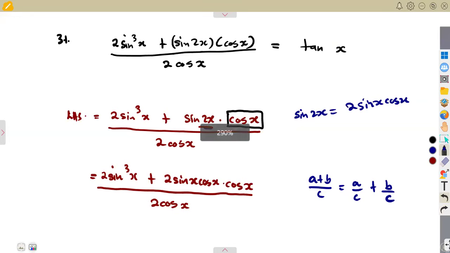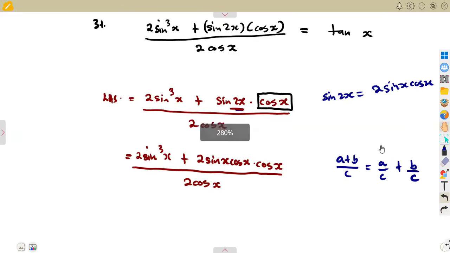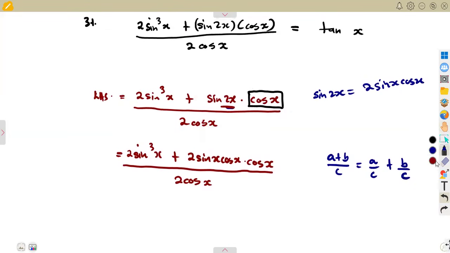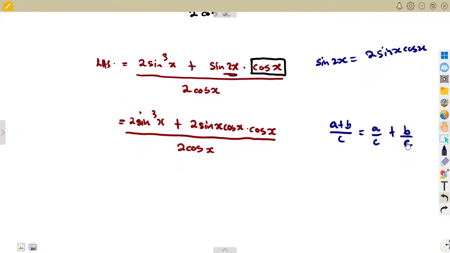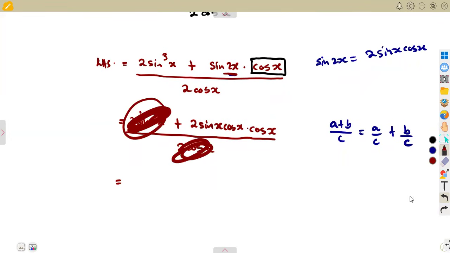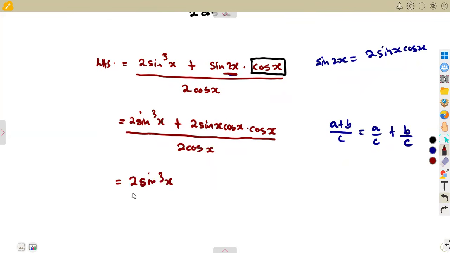Guys, this is a proof, you do not even know what is going to happen, but the simplifications as you are moving are supposed to be in the right direction. Okay, so if we had to separate, that was going to be the 2 sine cubed x over 2 cos x plus the remaining part, which is the 2 sine x cos x.